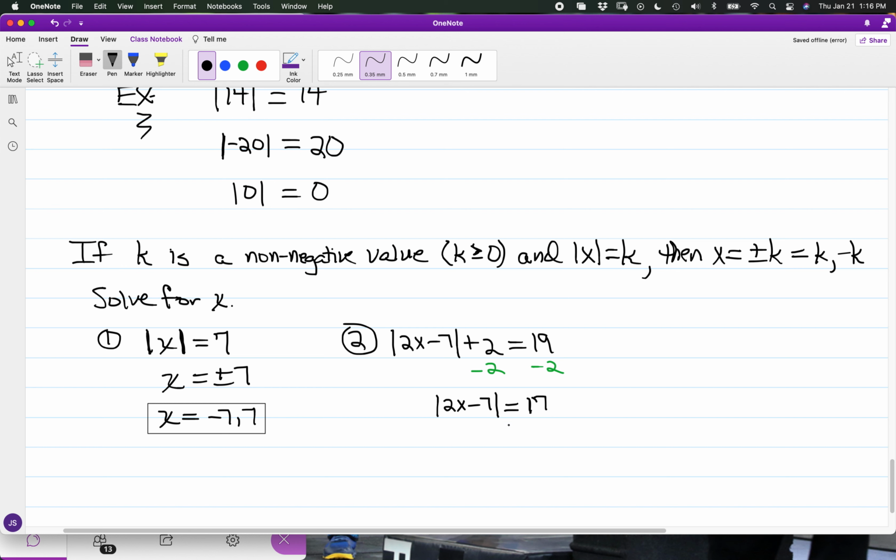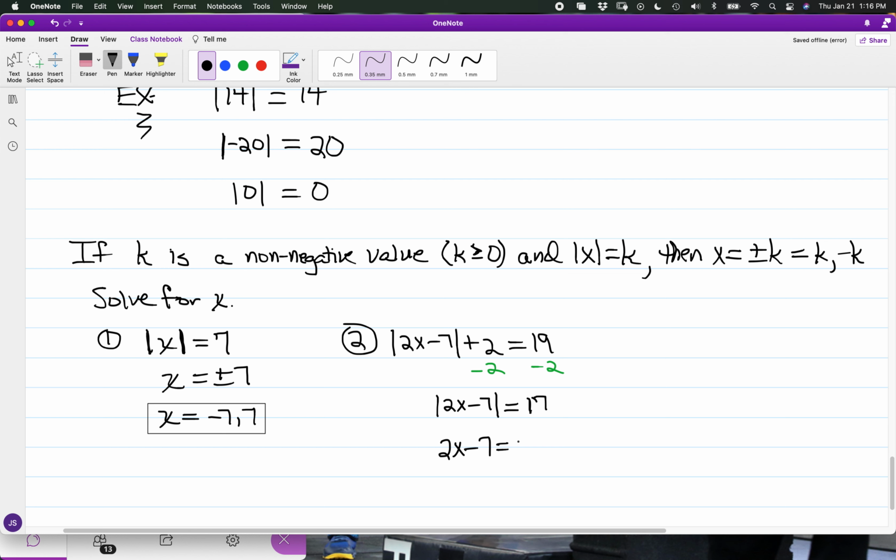Now if you notice, you have a one-to-one correspondence between the absolute value of an expression and a constant. The absolute value of x is represented by the absolute value of 2x minus 7, and k is represented by 17. If I remove the vertical bars, this becomes 2x minus 7, and k becomes plus or minus k.